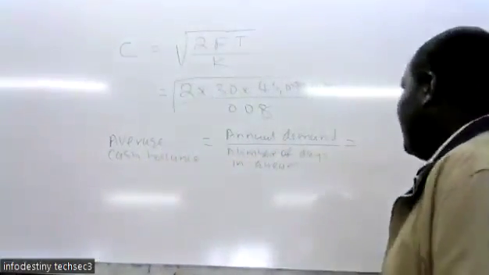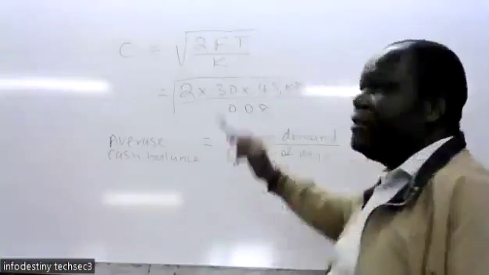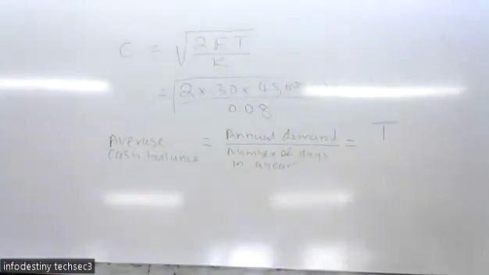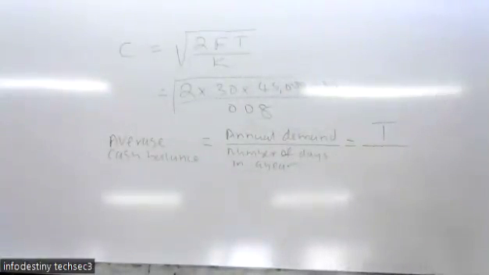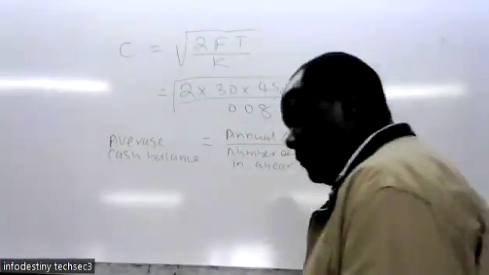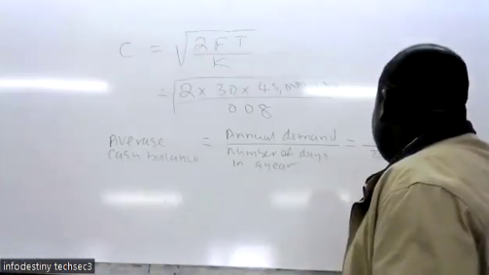So annual demand is your T, the cash required in a year. When the question has not given you the number of days in a year, we assume there are 365 days. But if they give you, you use the one that has been given. This question will not give you, so our assumption will be 365 days.